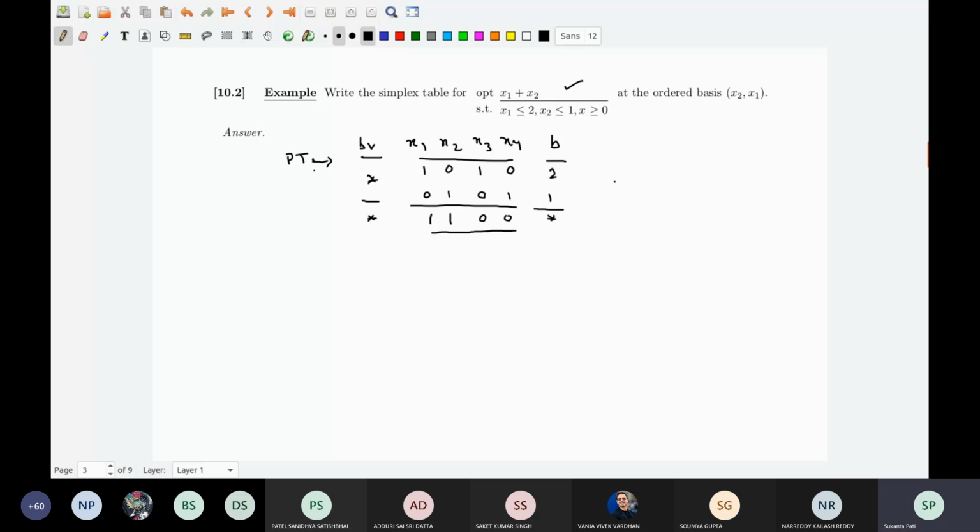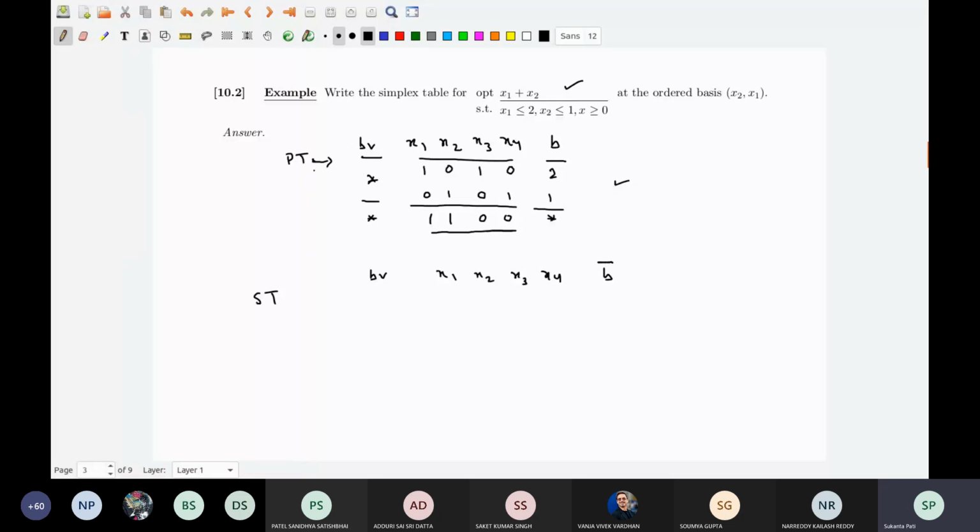Fine. And now I have to write the simplex table. In order to write the simplex table, the format is the same. Here you write X4, and here you write B bar.